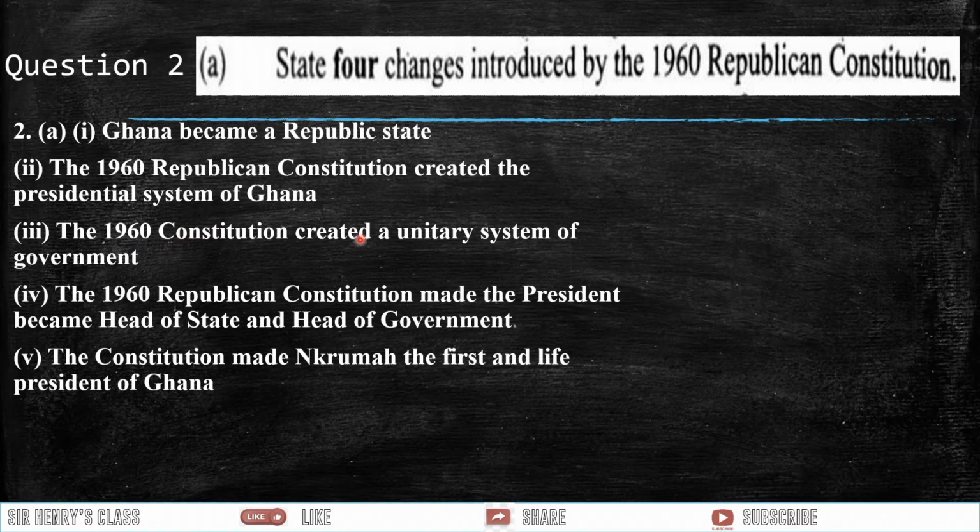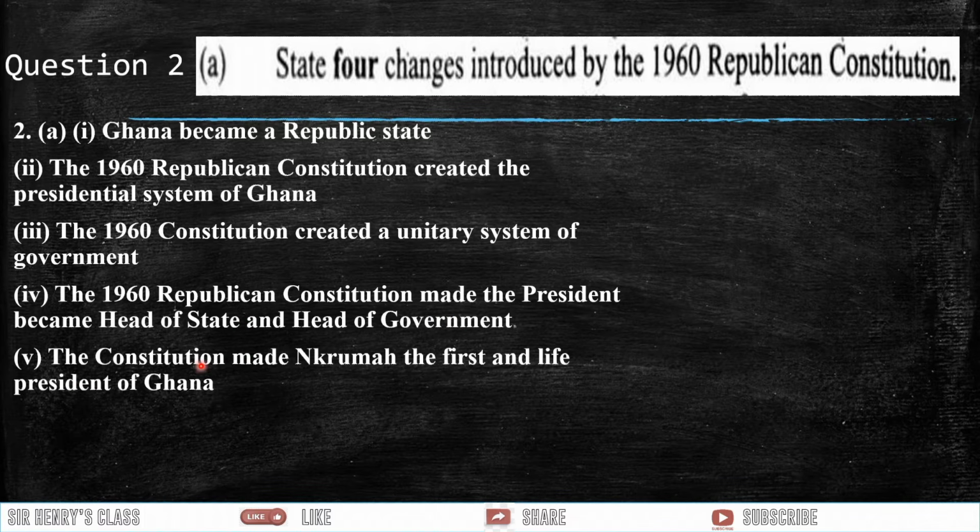The 1960 Constitution created a unitary system of government, a system of government where powers, functions are centralized at the central government, just like I said. And the 1960 Republican Constitution made the president become head of state and head of government.